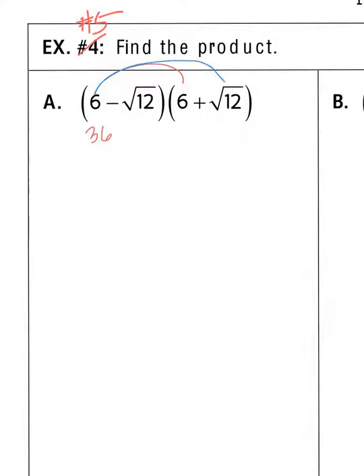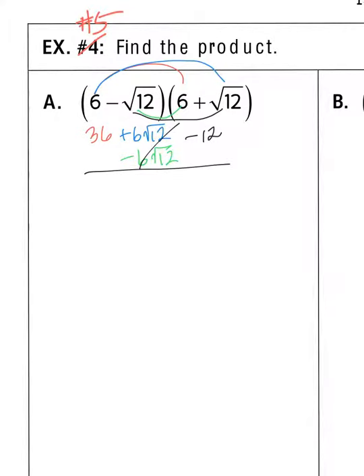6 times radical 12, positive 6 radical 12. Then negative radical 12 times 6, so that's a negative 6 radical 12. And finally, a negative times a positive is a negative. Rad 12 times rad 12 is just 12.